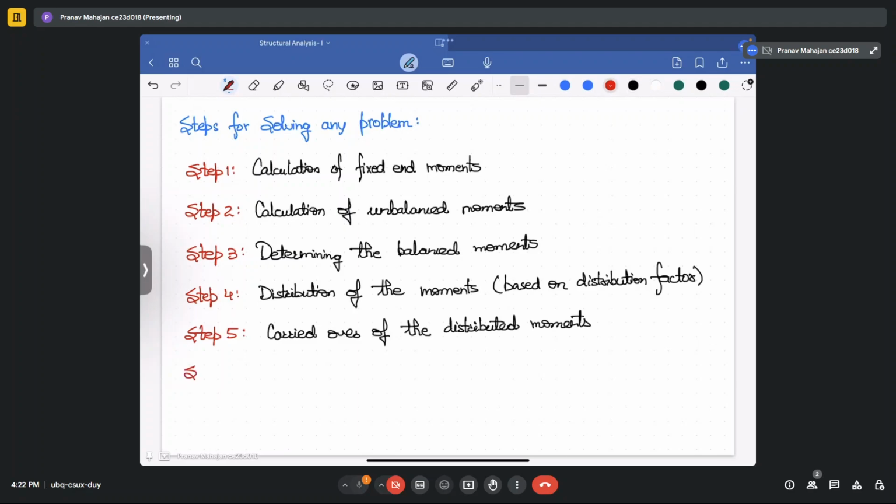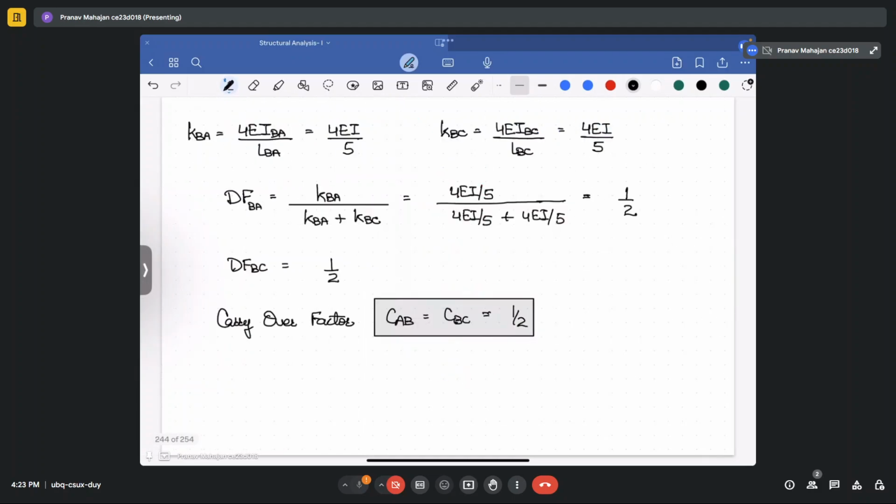In step 6, you will add the moments generated in step 1, step 4, and step 5. Okay, these are the steps that you are required to follow to solve any problem related to the moment distribution method.